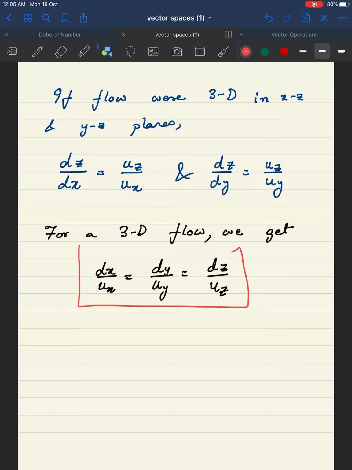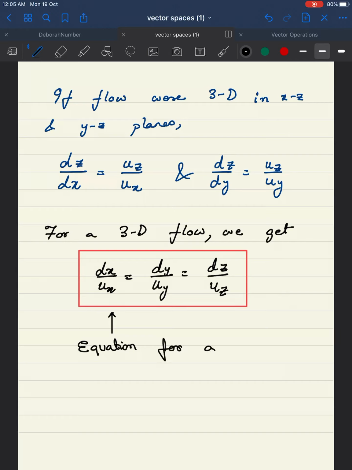So this becomes the important equation and this is the equation for a streamline. Nice. And because of the way we have defined streamlines, there will be no flow across a streamline, right?